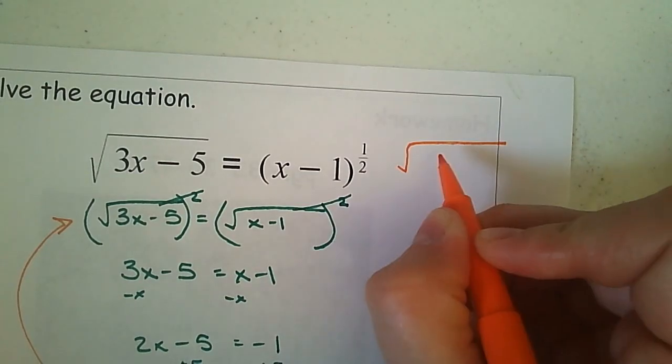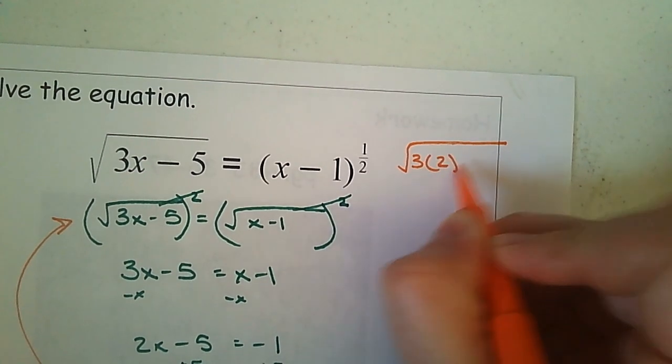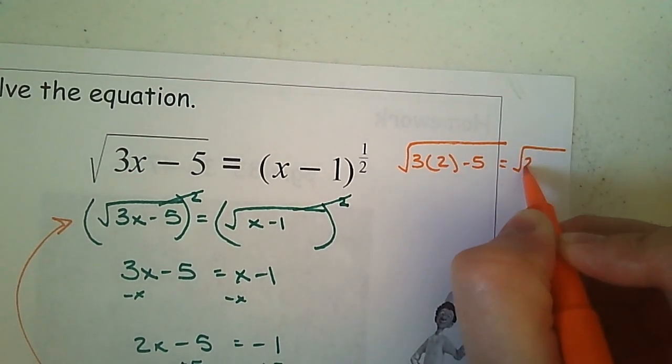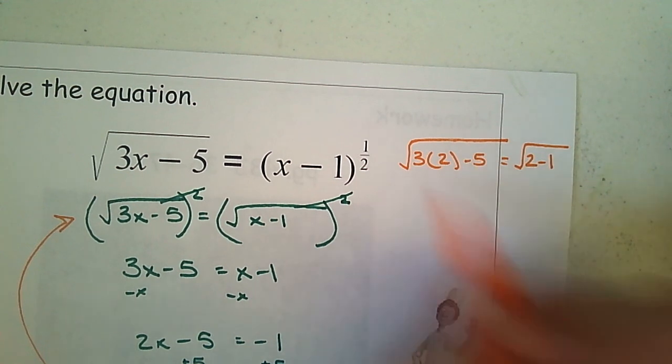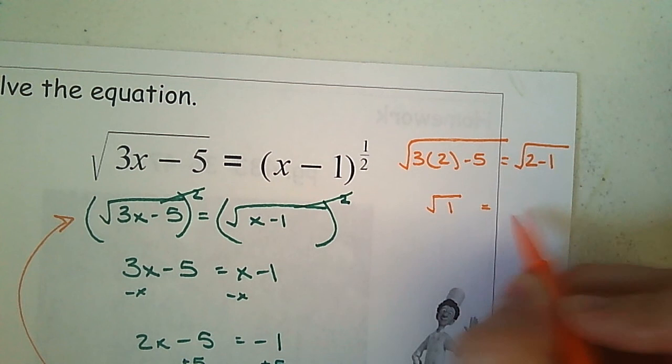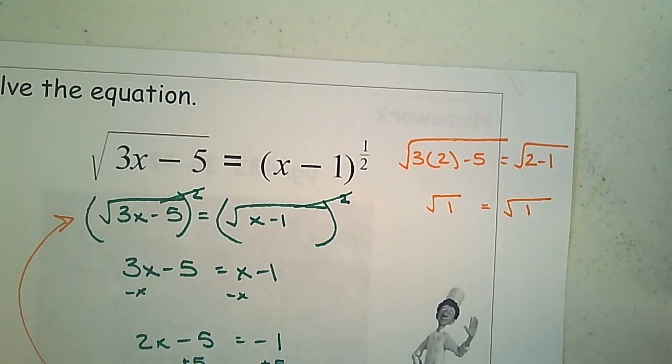I'm going to plug my 2 in for x. So over here, I'm going to get 6 minus 5, so square root of 1. And 2 minus 1 again is 1. Square root of 1 does in fact equal the square root of 1, so we are good with x equals 2.